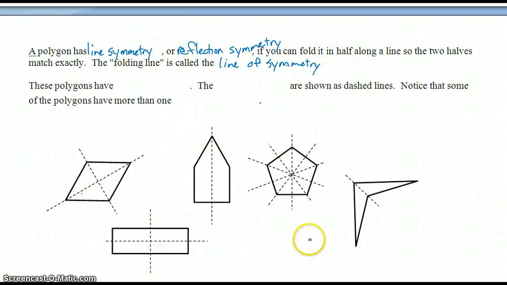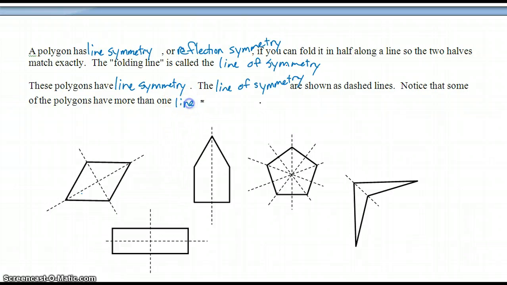All of these polygons have line symmetry. The line of symmetry is a dashed line. Notice that some of these polygons have more than one line of symmetry.